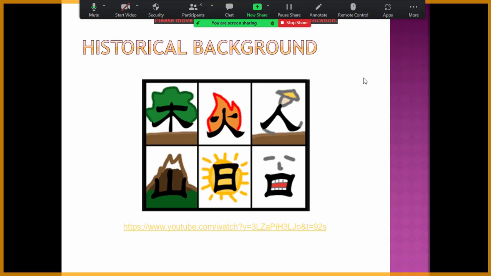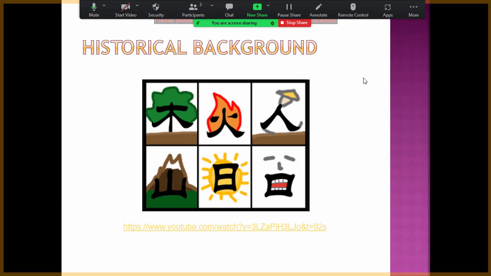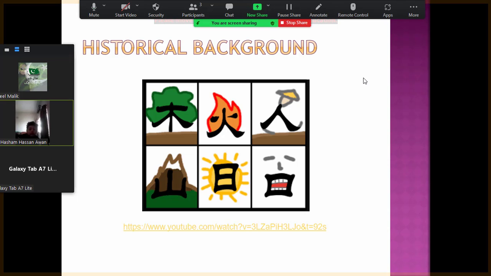Getting my point? So here we can see tree, it's mu, other is huo, third is ren, mountain is shan, and sun is ri, and mouth is kou. Isn't it looking funny? Okay, here you can see.